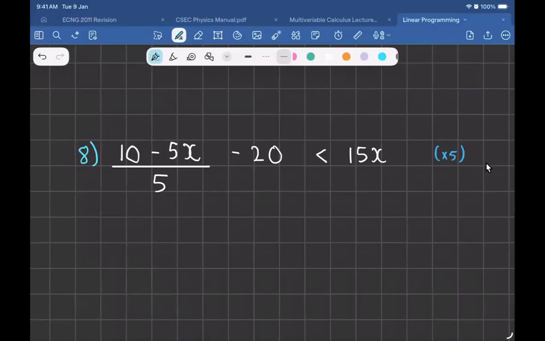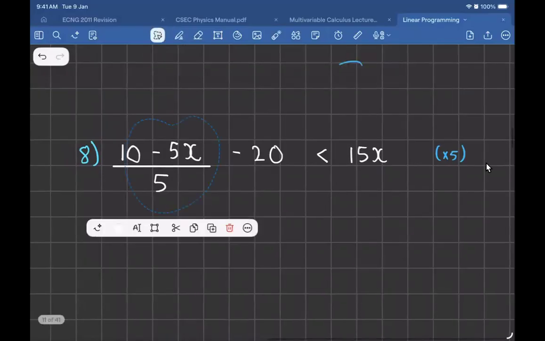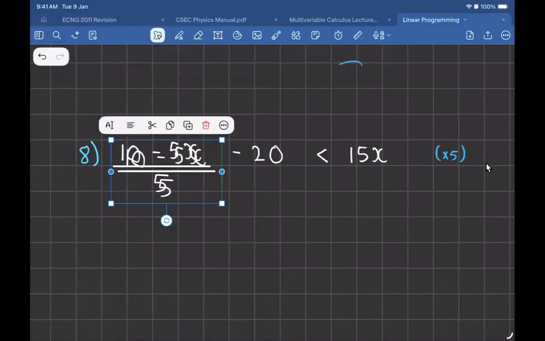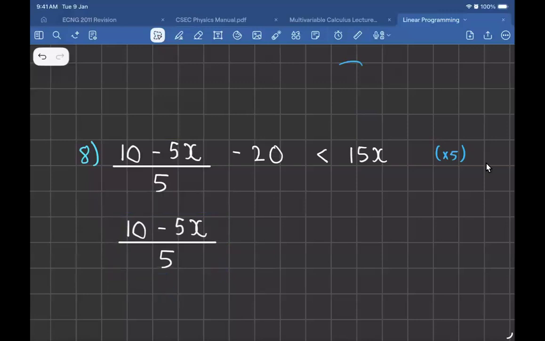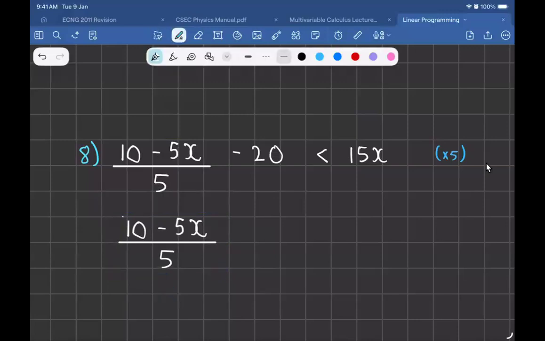If I multiply everything by 5, I'm going to put the full work in for everybody in class. That's going to be 10 minus 5x in brackets. So I multiply 10 minus 5x over 5 by 5.